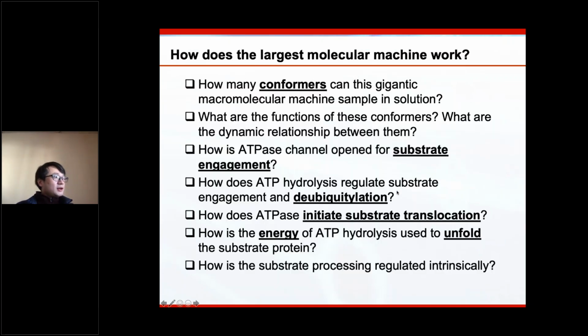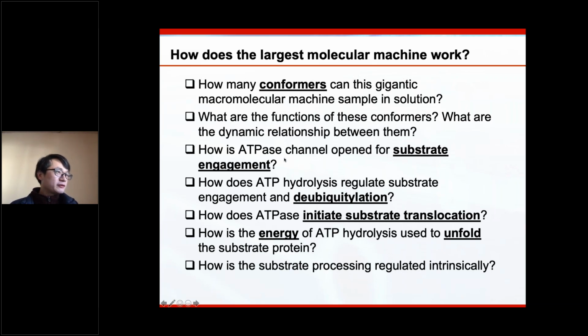That's the major discovery, but to really understand why that's the case and how it relates to function, we have to roll back a little bit. These mechanisms could potentially address nearly all these questions, or at least a majority of them. For example, how many conformers can this molecular machine really sample in solution in the presence of substrate?